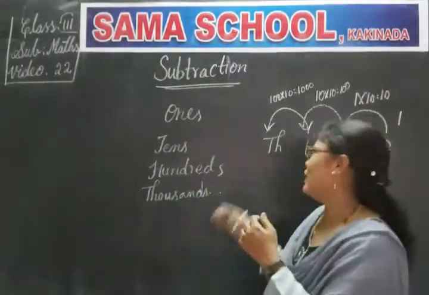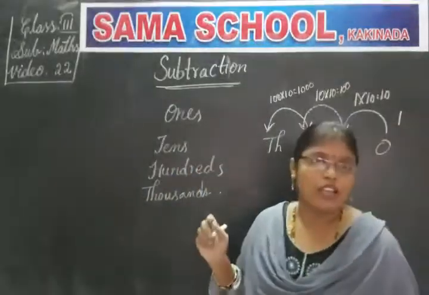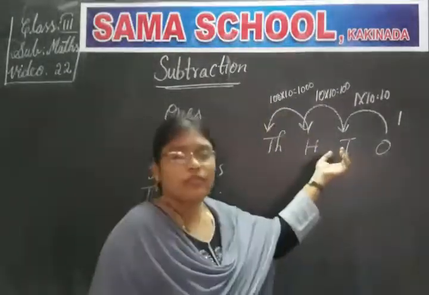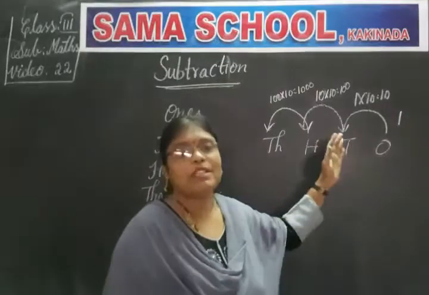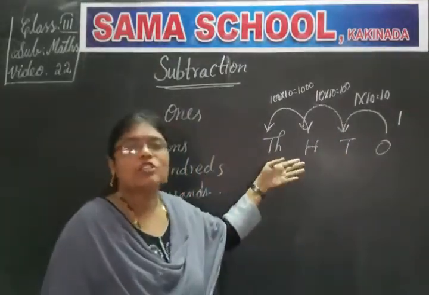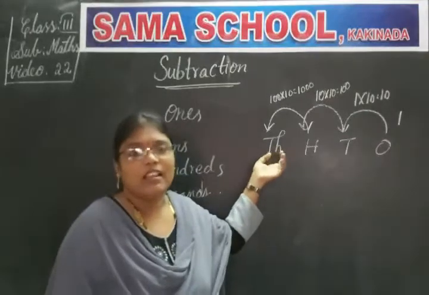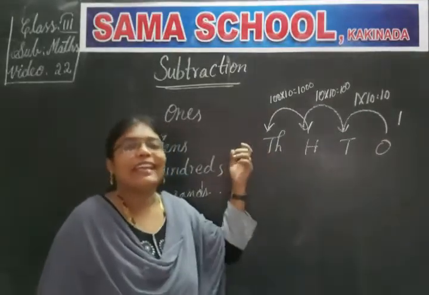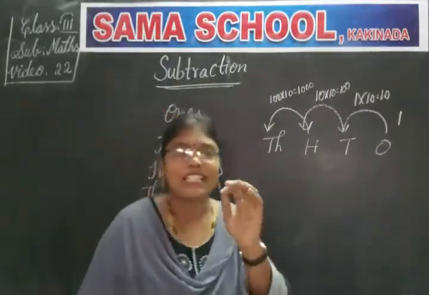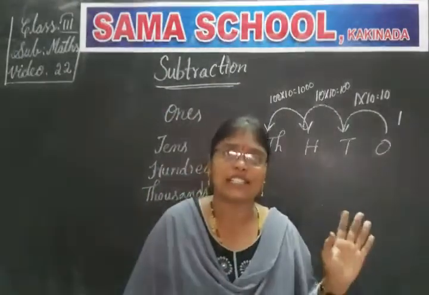Okay, not hundreds or thousands. See, for example, we are borrowing from 5. So that means 5 times 10 is 50. From hundreds place or from thousands place, it comes as tens place digit only to the right side number.